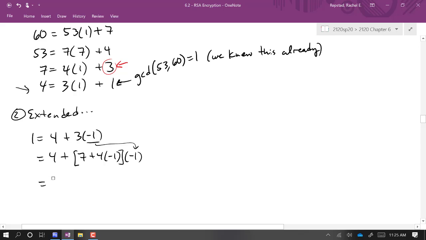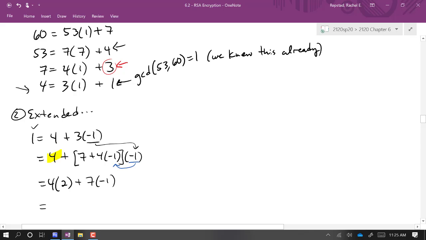How many 4s do we have? I've got 1 right here, and when I distribute this negative 1, that becomes a positive 1. So I've got 2 factors of 4 plus 7 times negative 1. And you can check: 4 times 2 is 8, minus 7 is, in fact, equal to 1, so that's good.